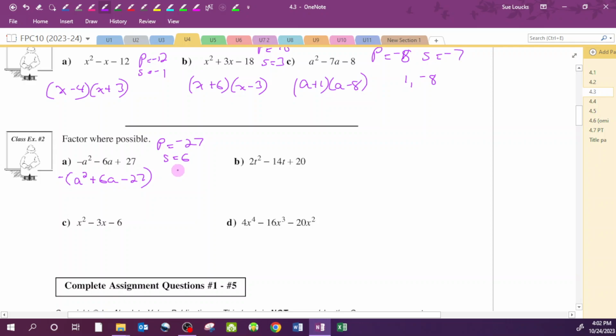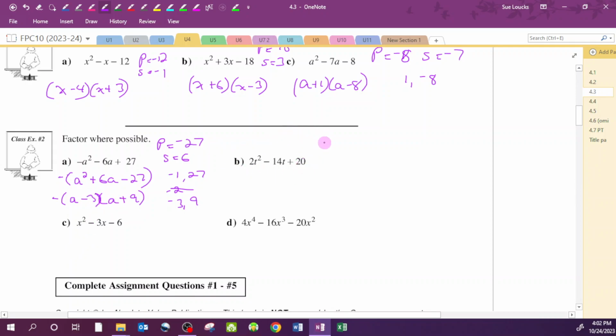So one positive, one negative. 1 and 27, that doesn't work. 3 times 9, yeah, that's going to work. So that's going to be negative, a minus 3 times a plus 9.